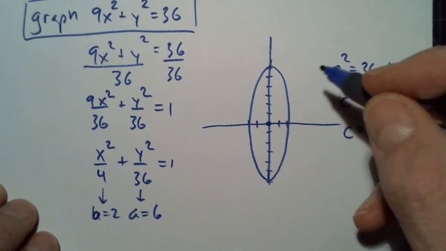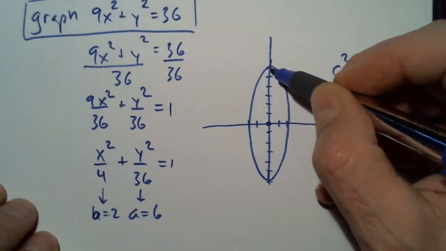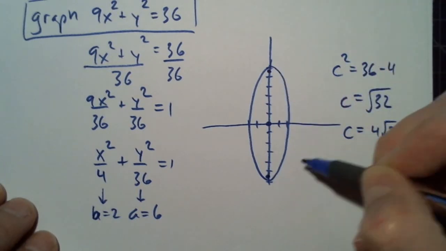And that's a little under 6. So the foci are up there and down there.